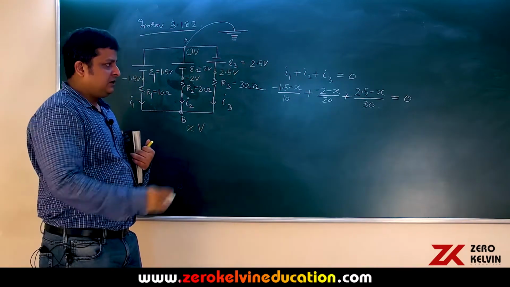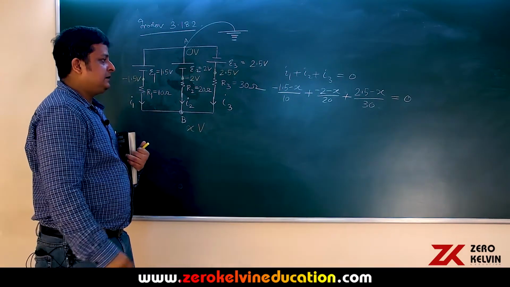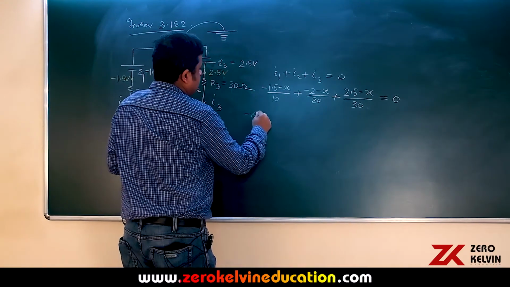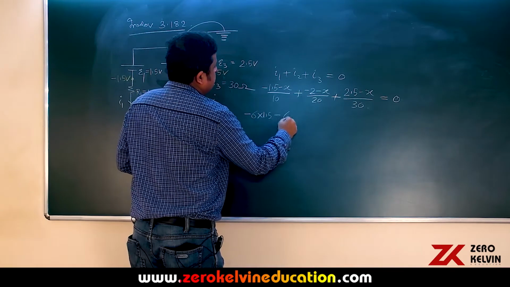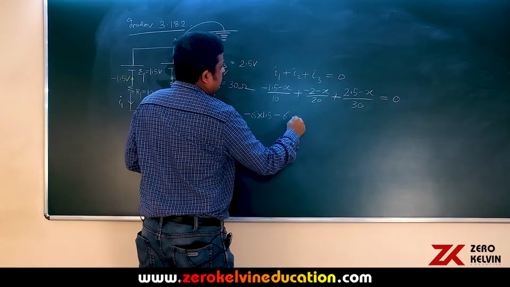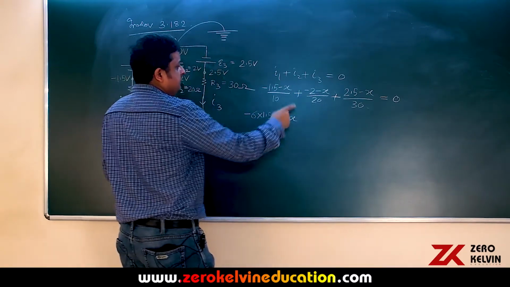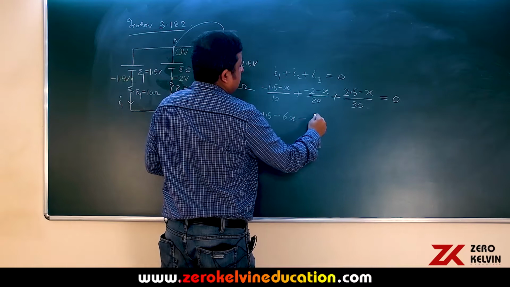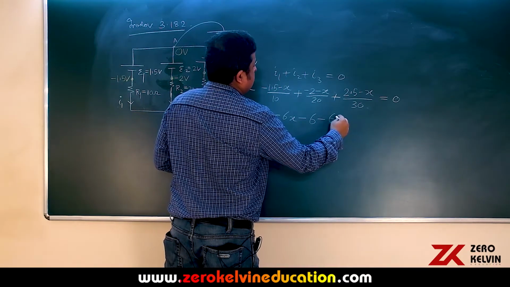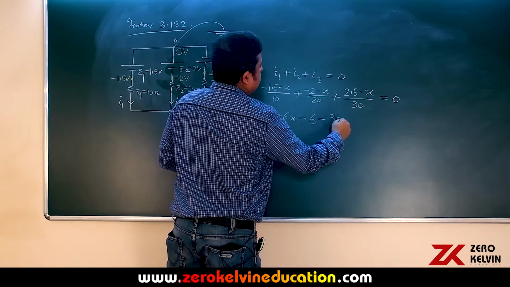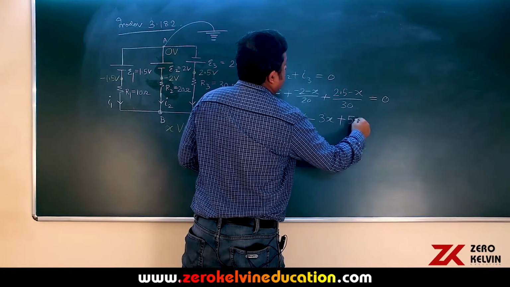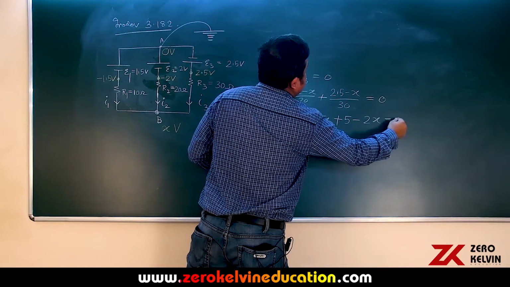Now we will multiply it by 6. So minus 6 times 1.5 minus 6x, minus 3x plus 2, so minus 9 minus 6x, minus 6 minus 3x, plus 5 minus 2x is equal to 0.